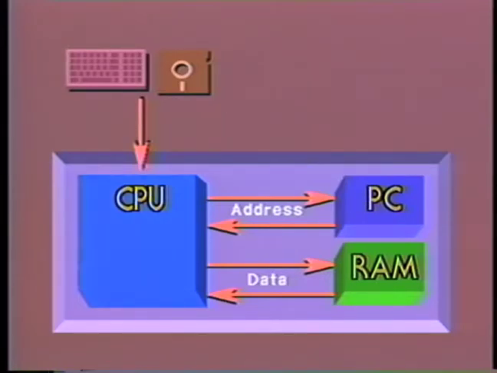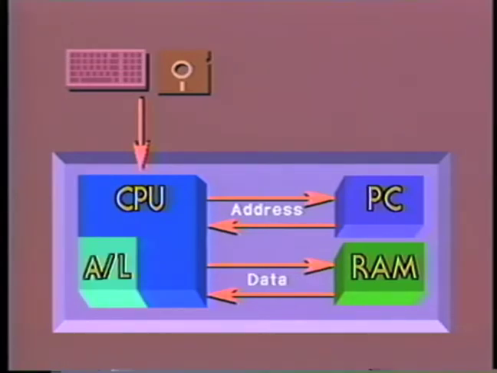Then the CPU performs the instruction using its arithmetic and logic unit. The instructions are read and executed one at a time until all the instructions have been carried out. The results from the CPU are stored in RAM and are displayed to the user via an output device.